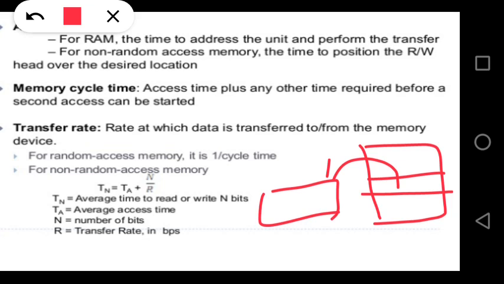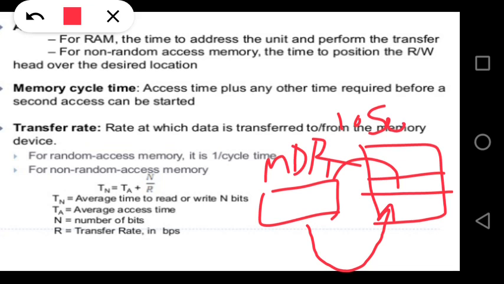This is for a read operation. Similarly, the amount of time required to place MDR data into memory is for a write operation. So let us take it takes 1 second for transferring the data from MDR to memory, or from memory to MDR. The two will not be the same, of course. Then you take the average time. Let's assume that average time is 1 second.